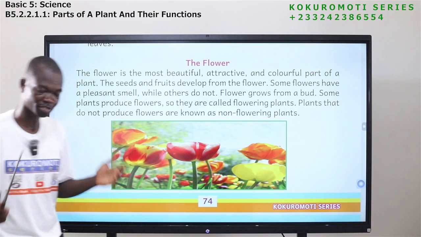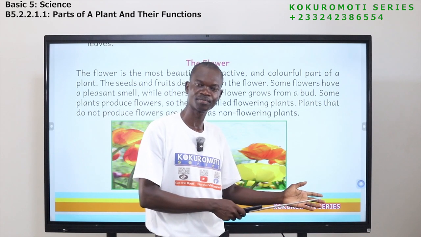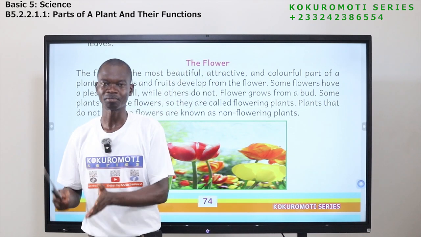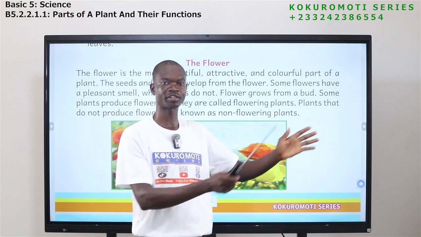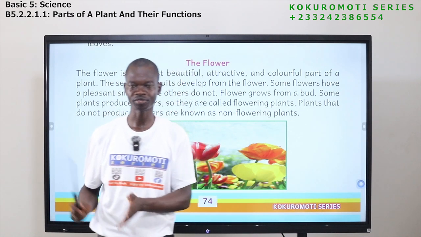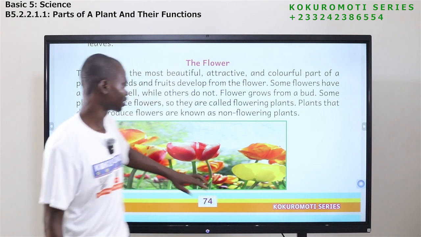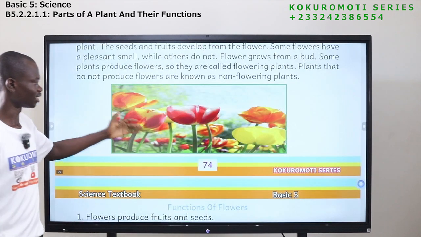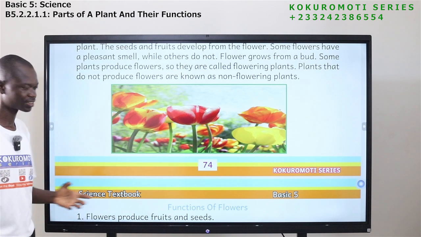Do you know any plants that don't produce flowers? Do you also know some plants that produce flowers? So this is a flower of a plant. You can see it is very beautiful, colorful, and attractive.